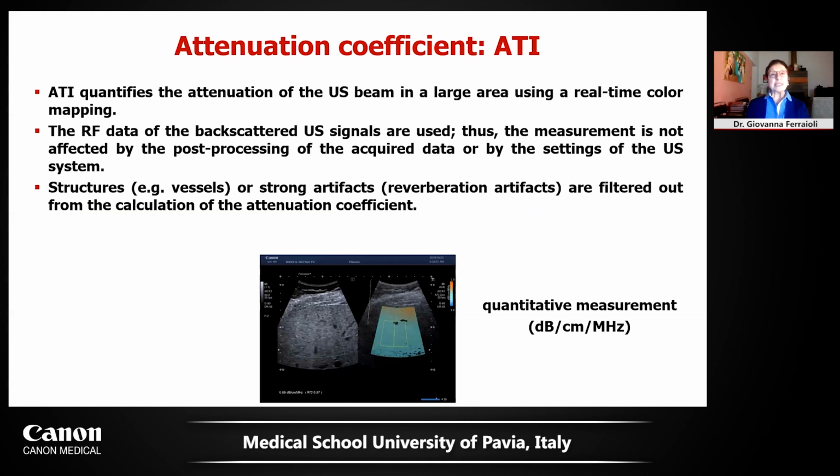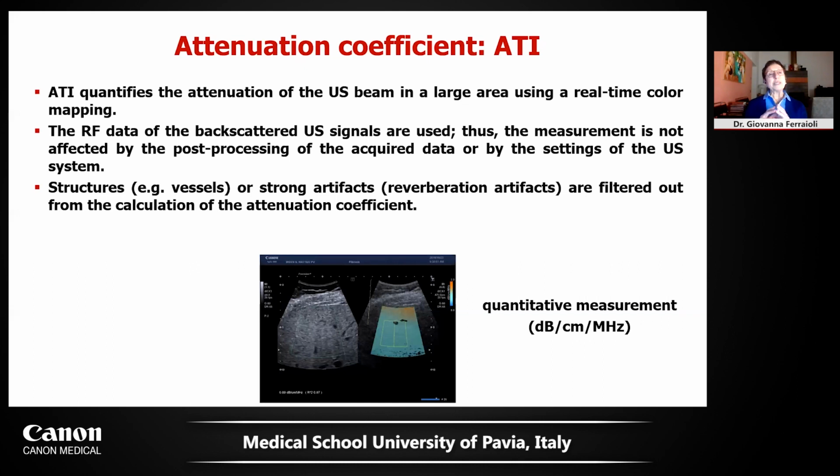On the Canon system, there's the attenuation coefficient. The trade name is ATI, and the ATI quantifies the attenuation of the ultrasound beam like the controlled attenuation parameter, but in a large area, and the attenuation is color-coded.